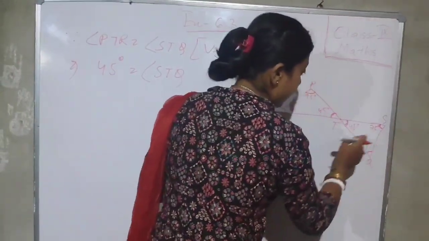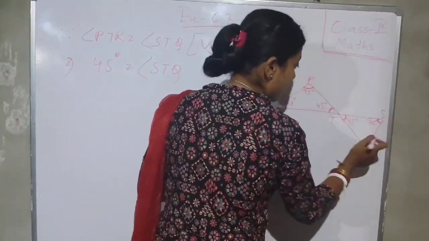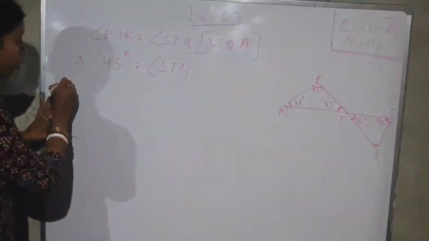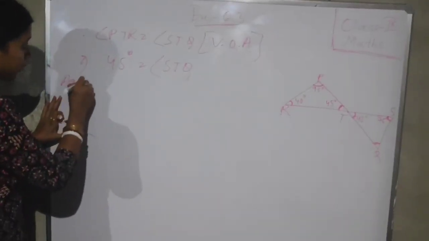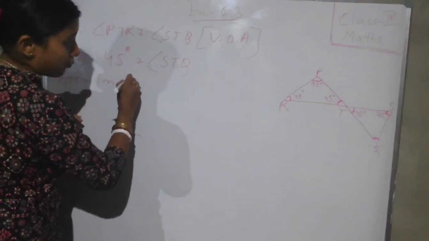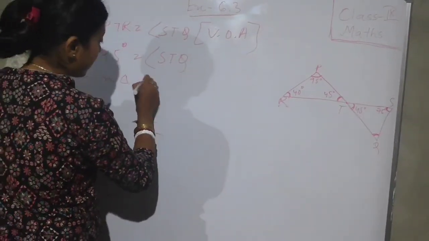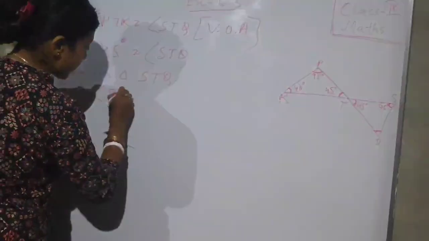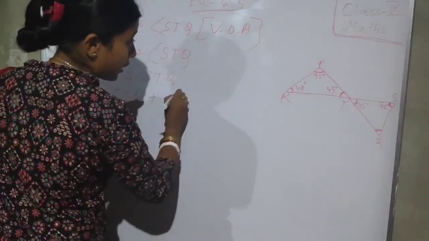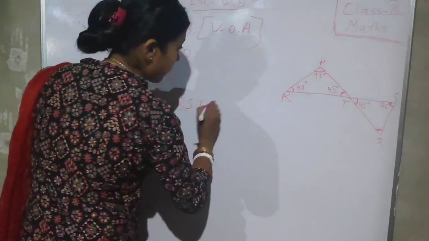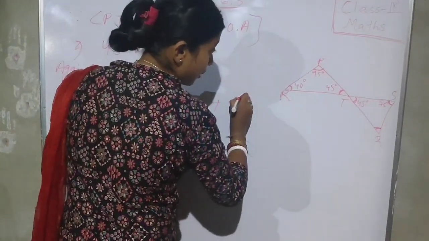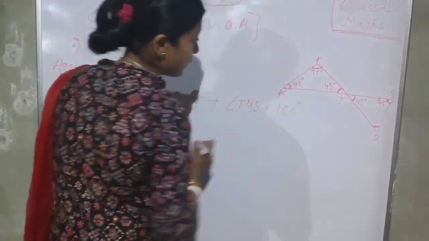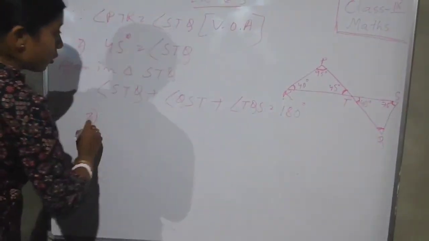So now in this triangle we have got this angle also. We can find this angle by using angle sum property of a triangle. So again, in triangle STQ, what can we write? Angle STQ plus angle QST plus angle TQS equal to 180 degrees.